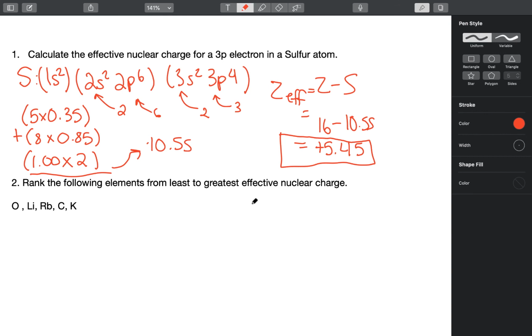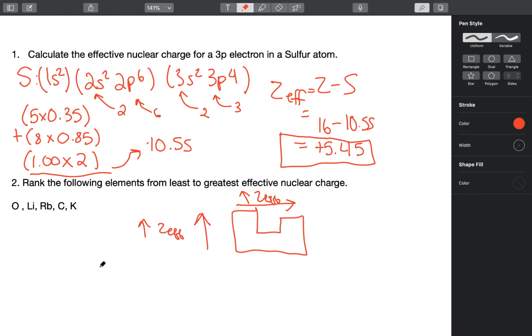So the last little bit is to rank the following elements from least to greatest for their effective nuclear charge. And remember, for the periodic table, your effective nuclear charge increases as we go up, and it increases as we go from left to right. So therefore, we just got to follow that trend.